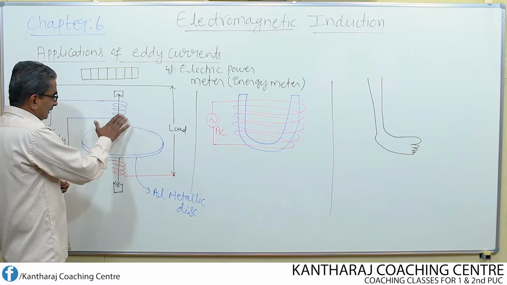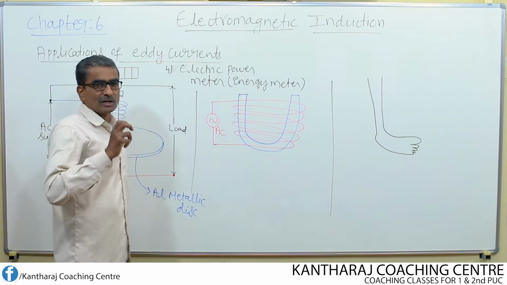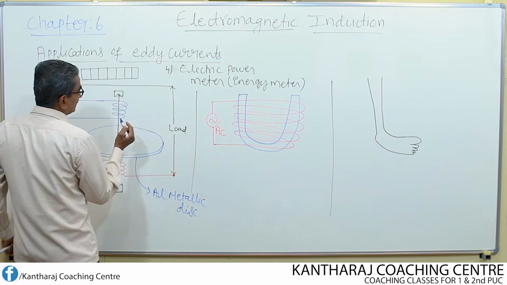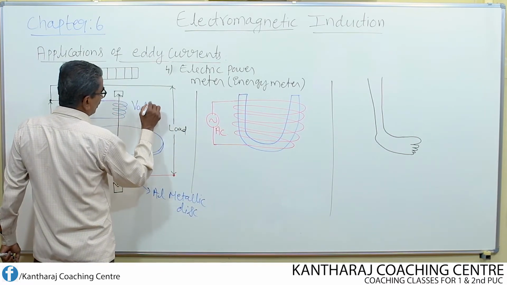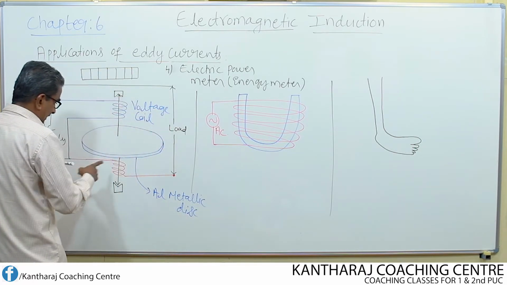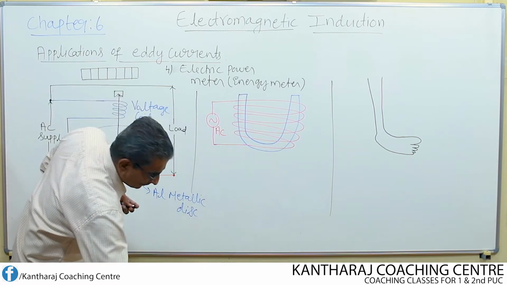Now at the top of the disc and also at the bottom of the disc, two coils of copper wire are wound. One coil is known as the voltage coil, whereas the other coil is known as the current coil.